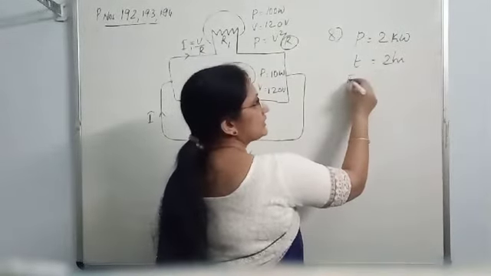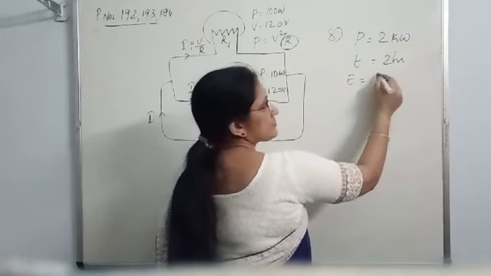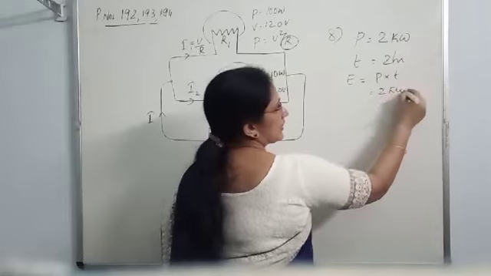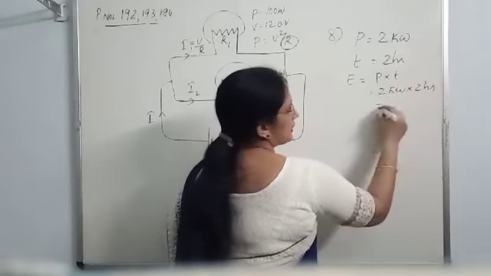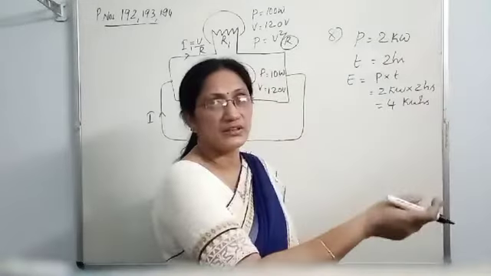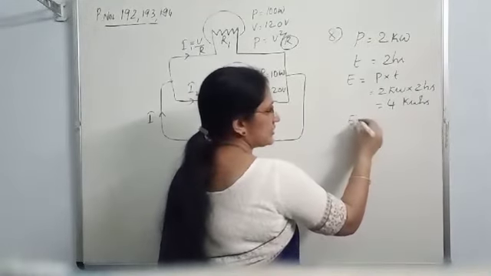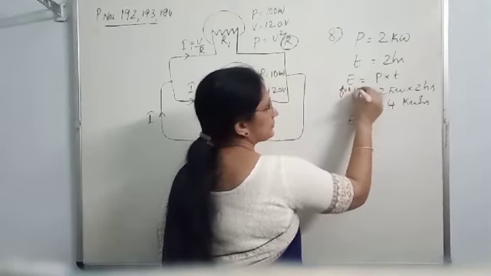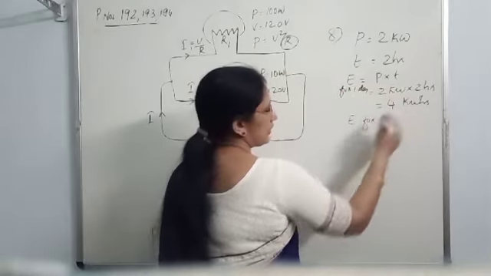Daily 2 hours this device, the geyser, is working, and its power is 2 kilowatt. So what is the energy consumed per day? That is power into time, that is 2 kilowatt into 2 hour, that means 4 kilowatt hour per day. Then for 30 days, how much energy? This is energy for 1 day, 4 kilowatt hour.